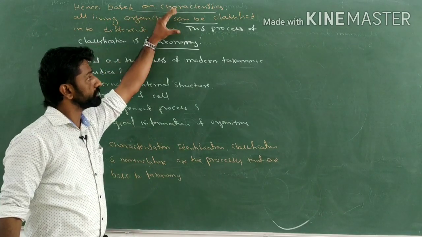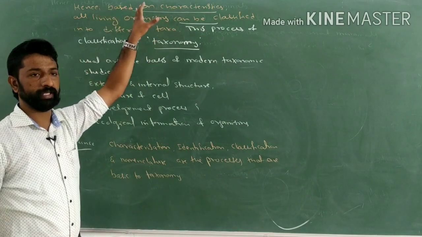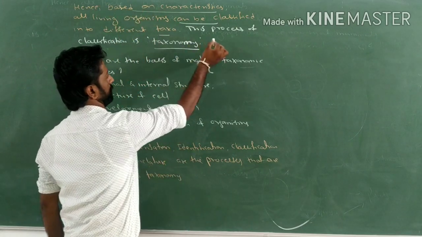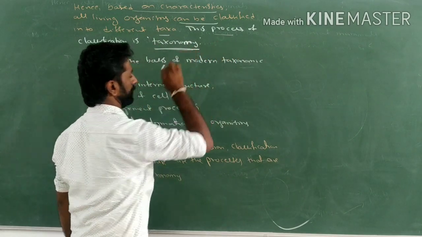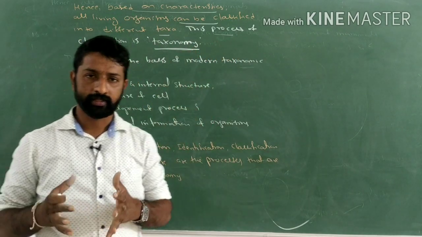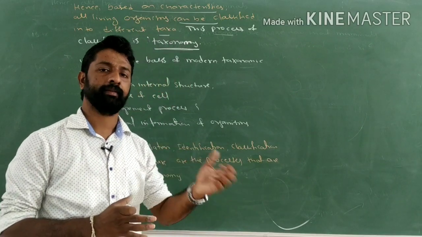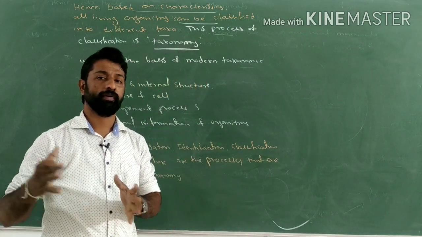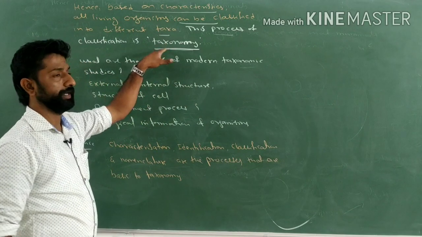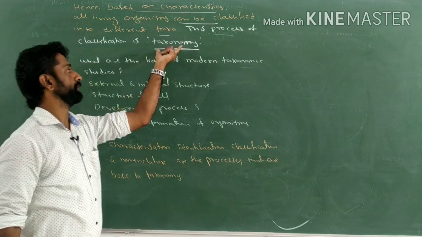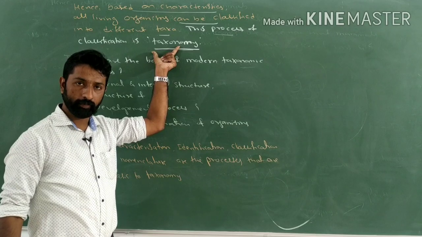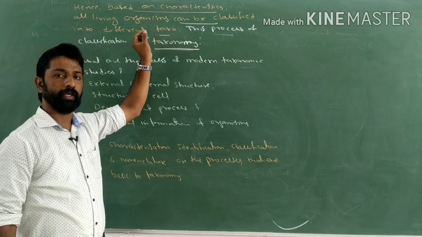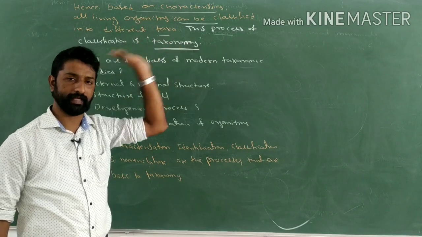Such a process of classifying the organisms based on their characteristics into different categories of the taxa is called taxonomy. So we got the new term here, taxonomy. What do you mean by taxonomy? It is the process of classification of living organisms based on their characteristics into different taxa.